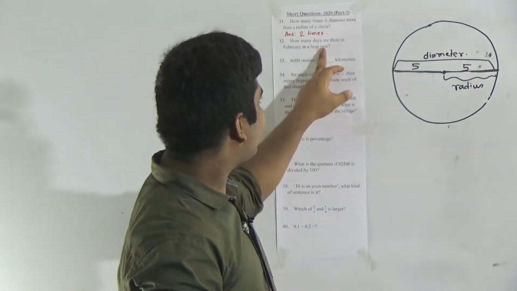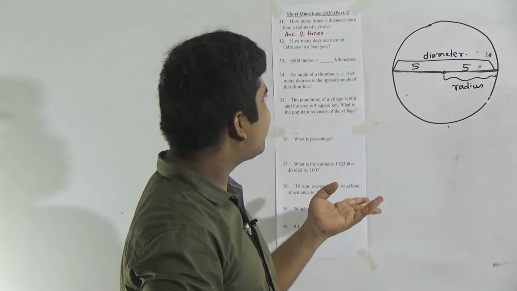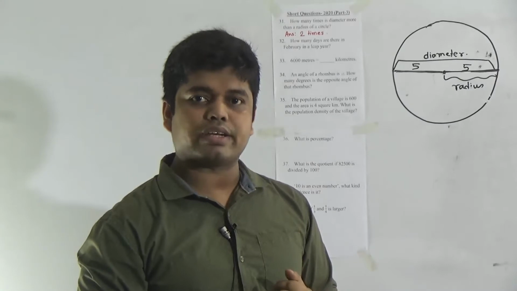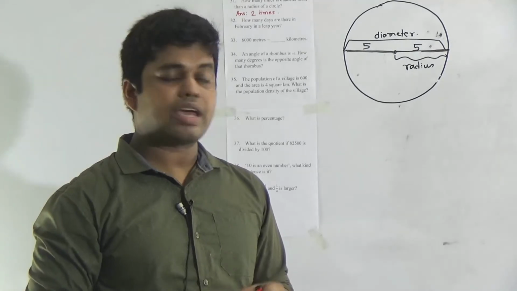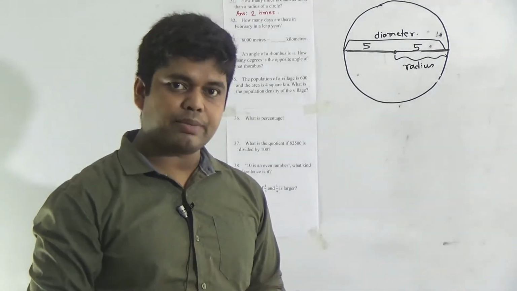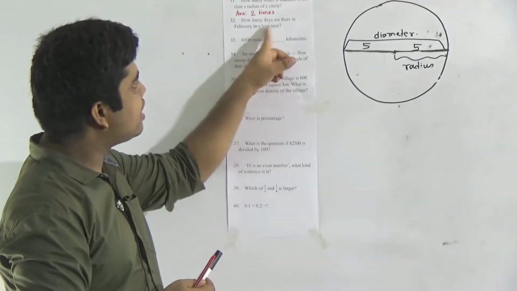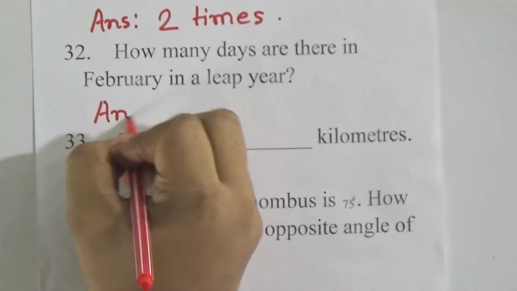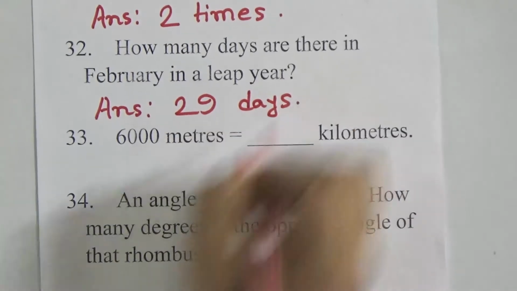In the month of February, we know that every February has 28 days, but in a leap year that number will be 29 days. So here notice, in a leap year February has how many days? It will be 29 days. So write here 29 days. I hope you have understood.